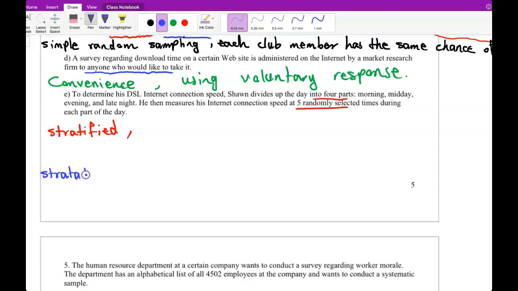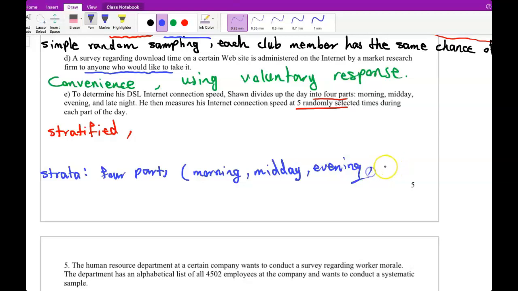The strata are the 4 parts. You don't need to write this down. I only want to explain which one is a strata. That is morning, midday, evening, and late night.